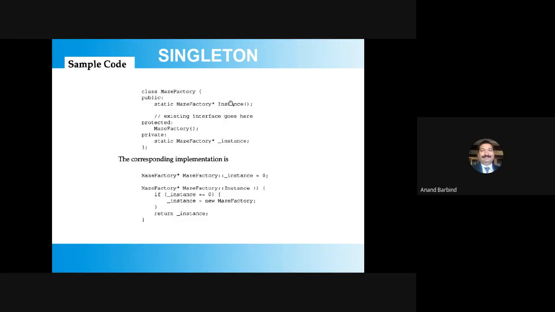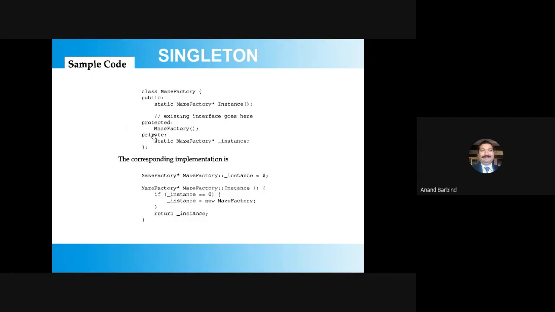There is no need even to change the name of the method. It returns the reference to MazeFactory, that is, to its own class. And you need to make the constructor protected.